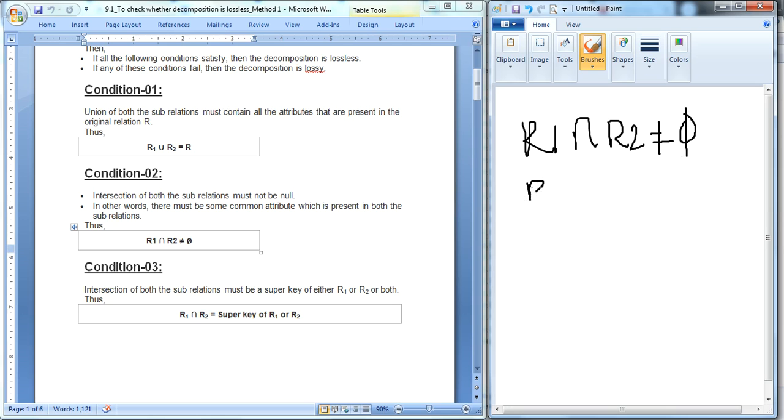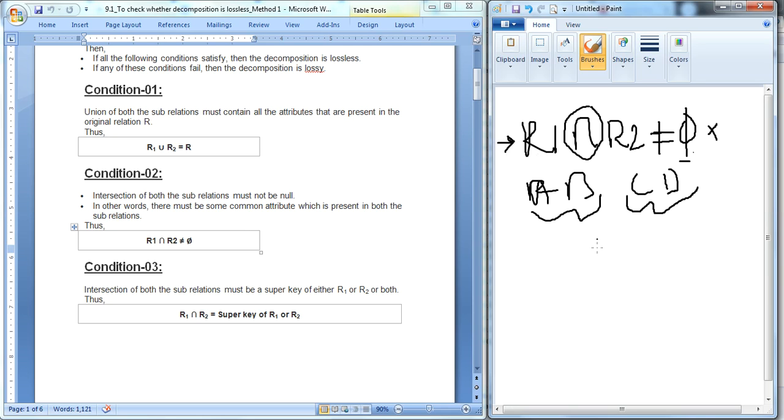If R1 contains A and B, and R2 contains C and D, then we can say that the condition is false, because these two do not contain a common value. The intersection is null, that's why this condition is false.